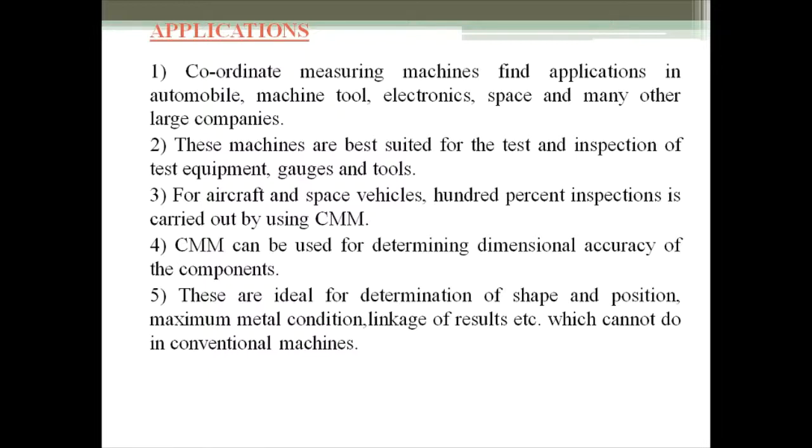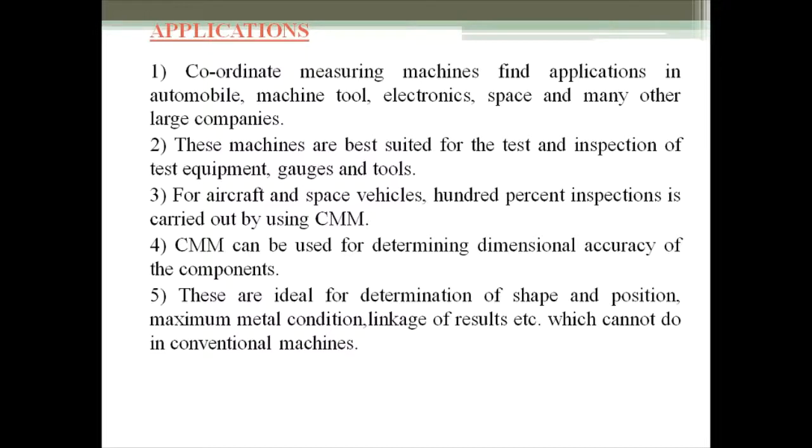This CMM machine is also used in aircraft and space vehicles for 100% inspection. That means whatever inspection is normally carried out in aircraft and space vehicles is completely done by the CMM machine.